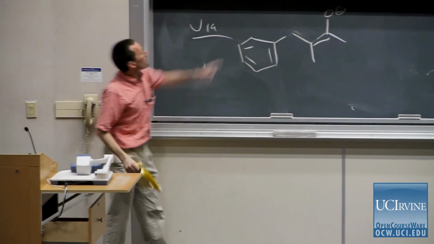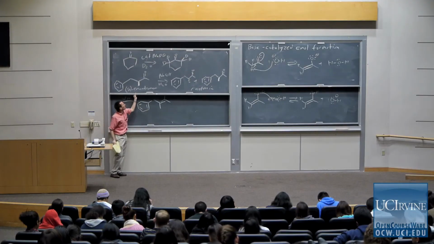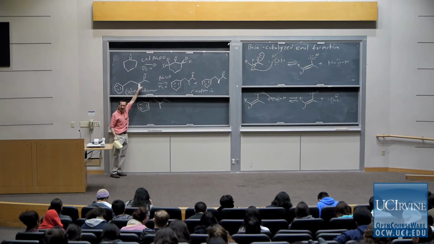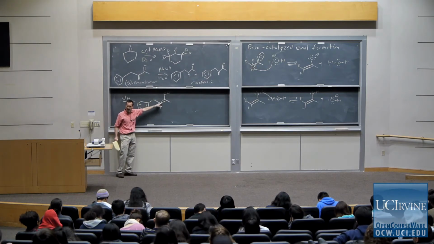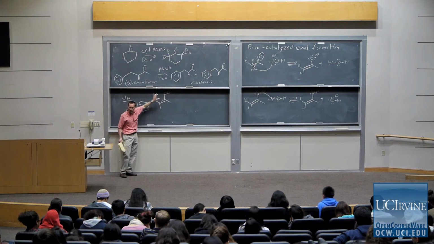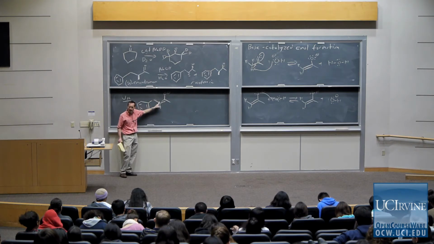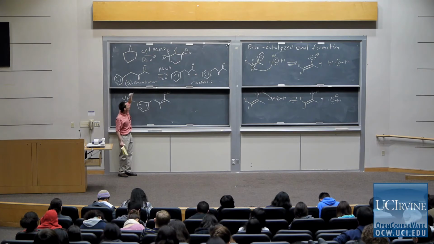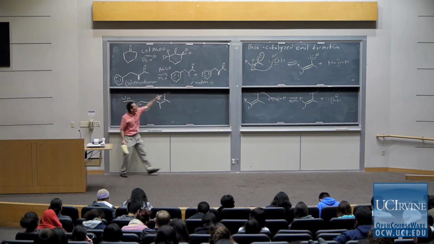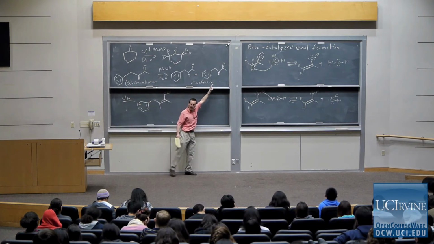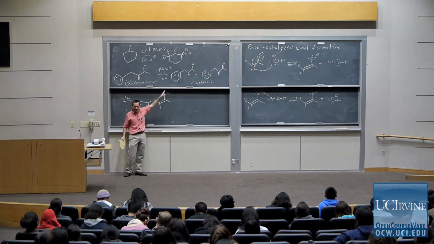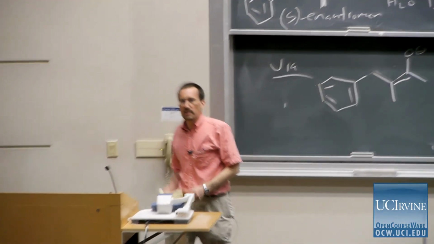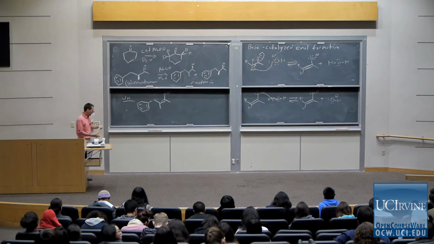In other words, you can picture in your mind's eye, the base pulls off the alpha proton. We get the enolate. The enolate is flat. We have no chirality to the enolate. If a proton comes from the back, we get the original enantiomer. If it comes from the front, we get the new enantiomer. And so our compound racemizes in aqueous base.